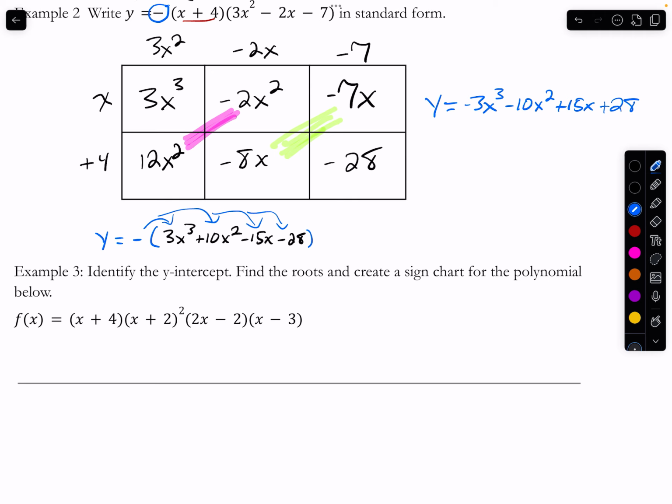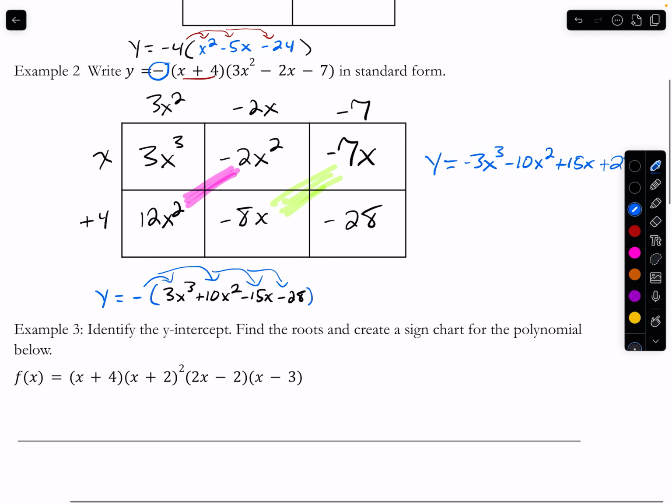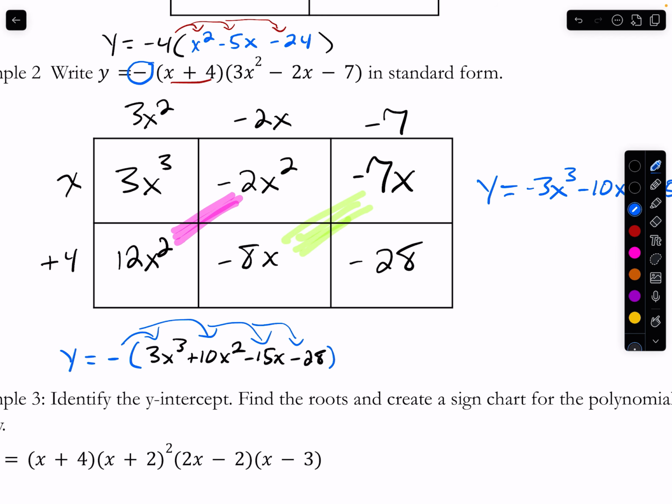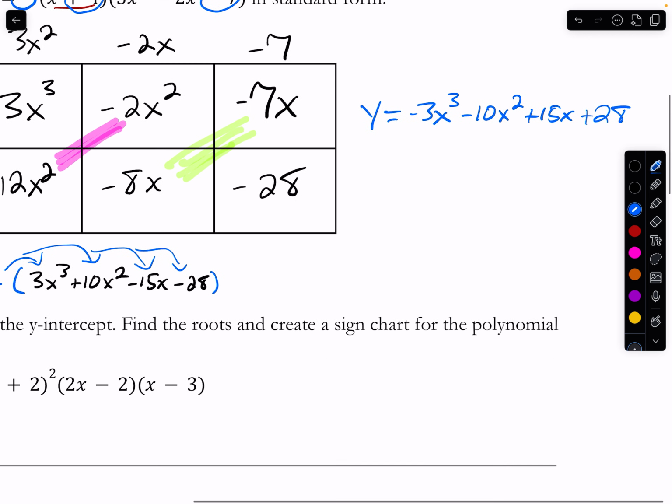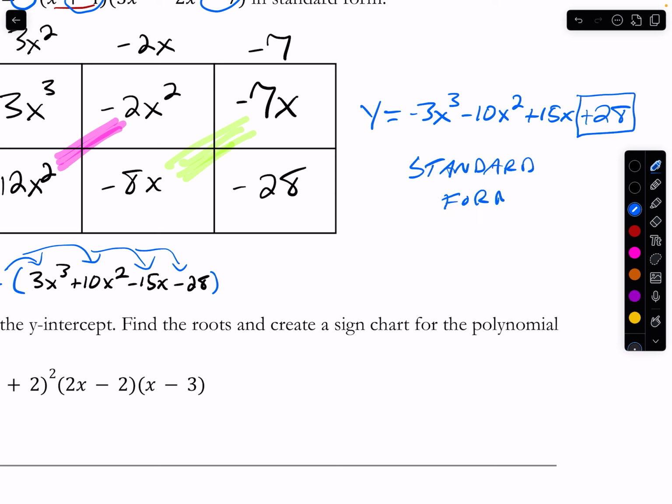Real quick, if you wanted to double check the y-intercept, you could take -1 times positive 4 times -7, and you're going to get positive 28. So that's how you find the y-intercept and write your function in standard form. This is in standard form. All right, good luck.